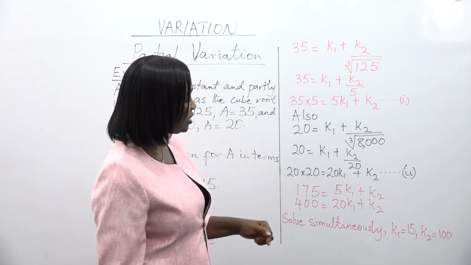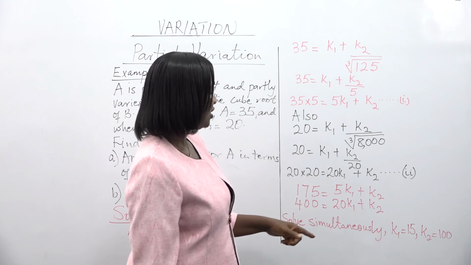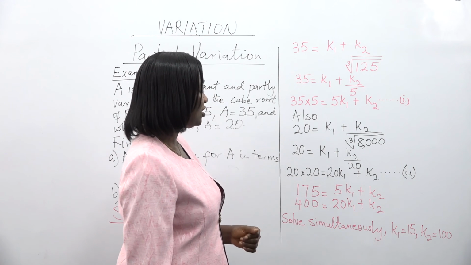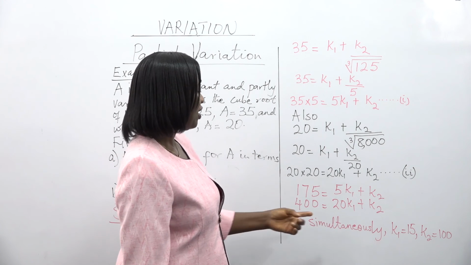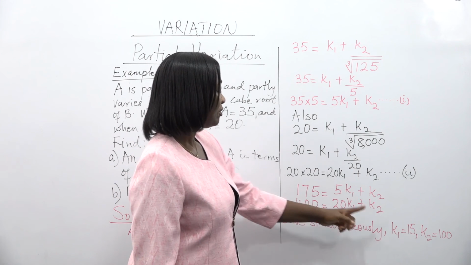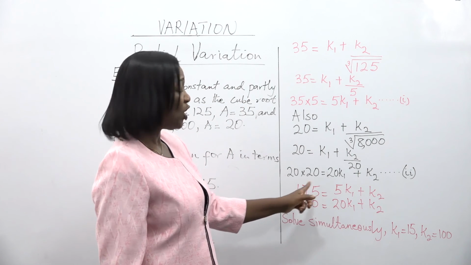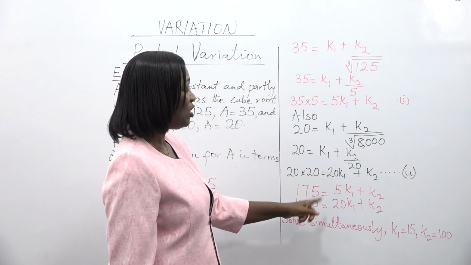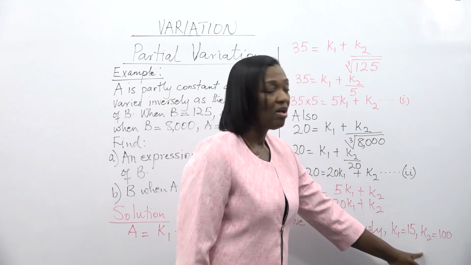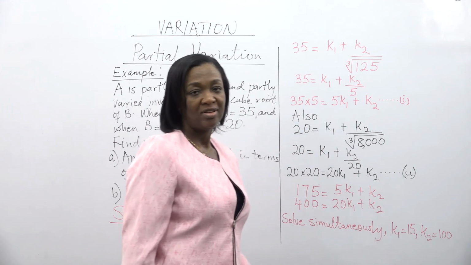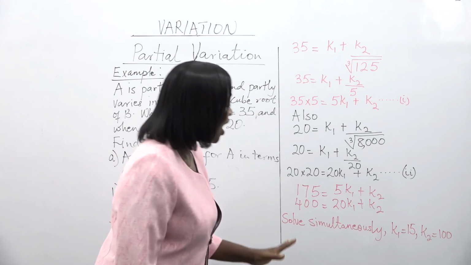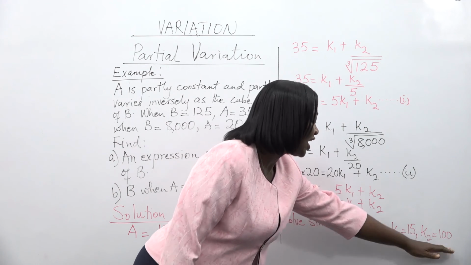And then substitute the value of K1 into any of the equations. For example, if we put it here, K1 is 15. 15 times 5 is 75. So 175 minus 75 will help us arrive at K2 as 100. So K2 is 100. So now we have the values of K1 and K2.